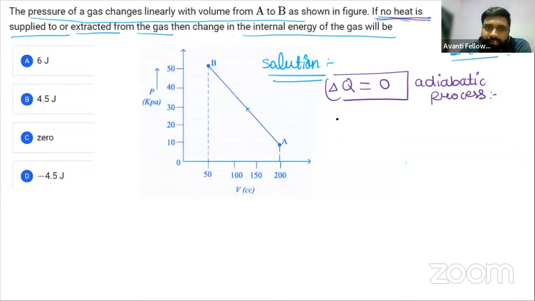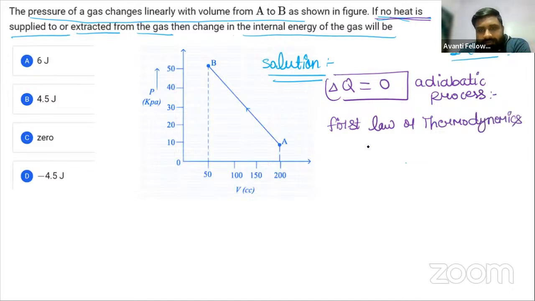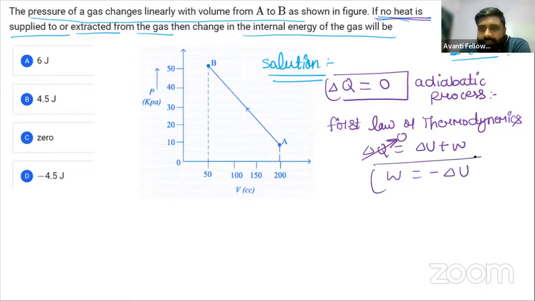If you apply the first law of thermodynamics, delta Q is equal to delta U plus W. Now if there is no heat transfer, delta Q is equal to zero. So all the work done here is minus the change in internal energy. Whatever work you do will change the internal energy.